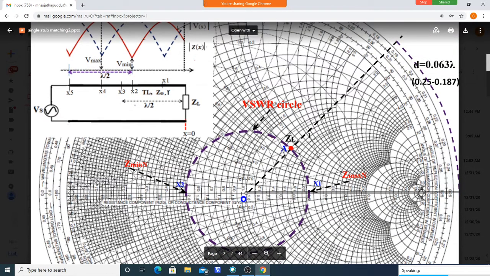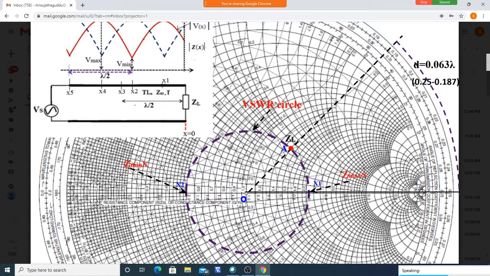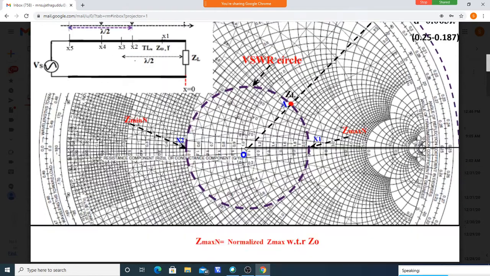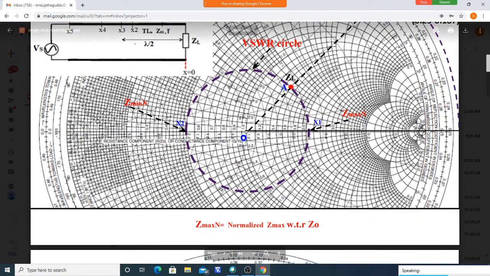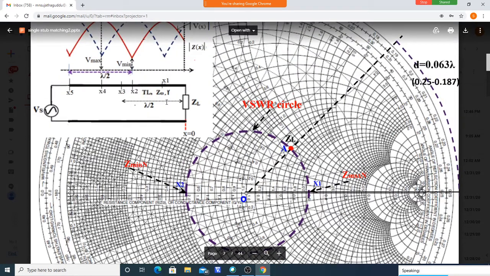Starting from the load, you move a distance of 0.1 lambda, stop there, and draw a line from there to the center of the Smith chart. It cuts the VSWR circle somewhere, and you read the impedance there. So you will get the impedance at a given distance. From the Smith chart, you can easily find out the impedance. So that is the way.